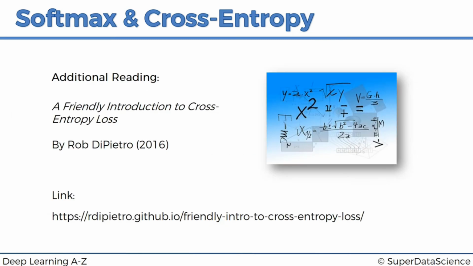So, additional reading. If you're interested in cross entropy a bit more, a good article to check out is called A Friendly Introduction to Cross Entropy Loss by Rob DiPietro, 2016. Here's the link below. Very nice, very soft, no super complex math.